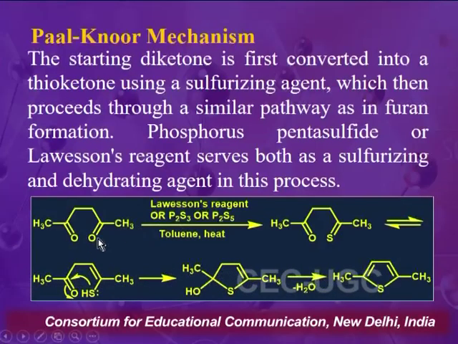Suppose we have hexane-2,5-dione as the reactant, and in presence of the sulfurizing agent there will be formation of a thioketone intermediate. Then this thioketone intermediate will be tautomerized into the enol form, and then there will be an intramolecular nucleophilic addition reaction on the electrophilic carbon of the carbonyl group by the sulfur atom.